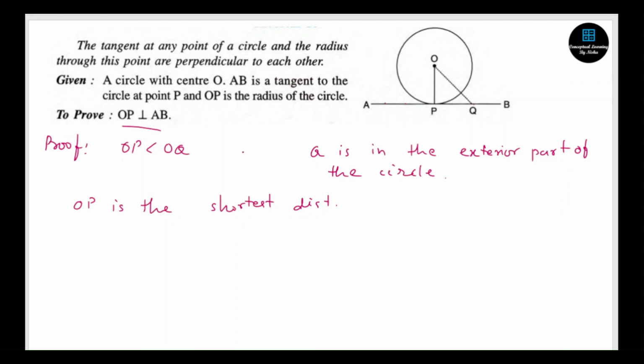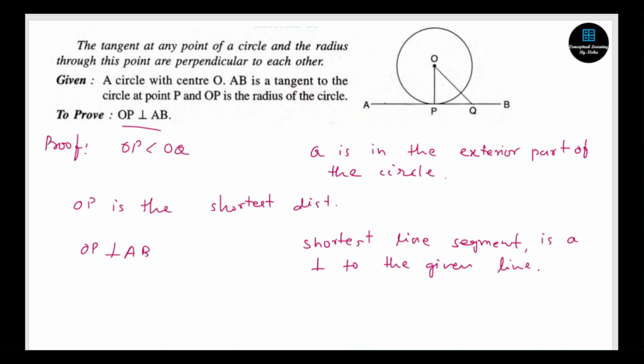So I can say that OP is perpendicular to AB, with the reason that the shortest line segment to a given line is the perpendicular only. All right, so here we can prove that OP is perpendicular to AB, means the radius is perpendicular to the tangent.